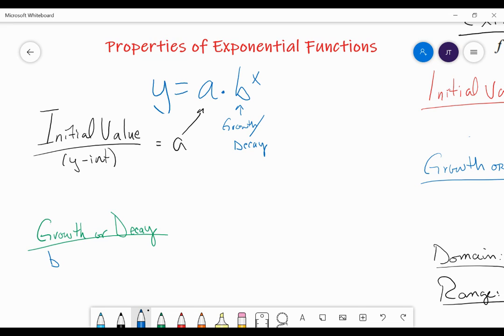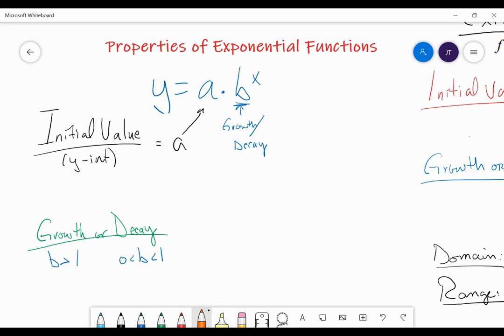Now, if it's growth, your B value will be greater than 1. If it's decay, your B will be between 0 and 1. So it's kind of like our vertical stretch and compression with quadratic functions, but here it's your B, and it tells us whether it's growth or decay.